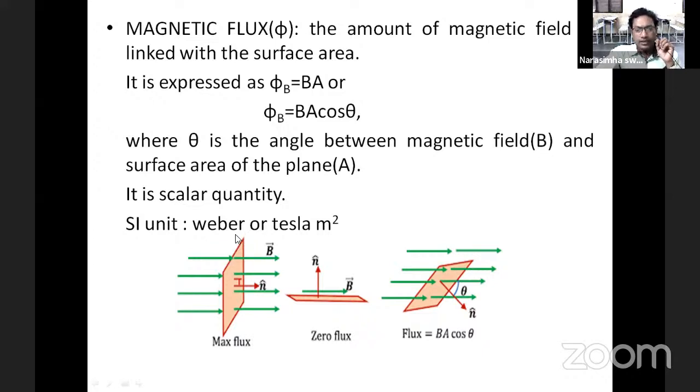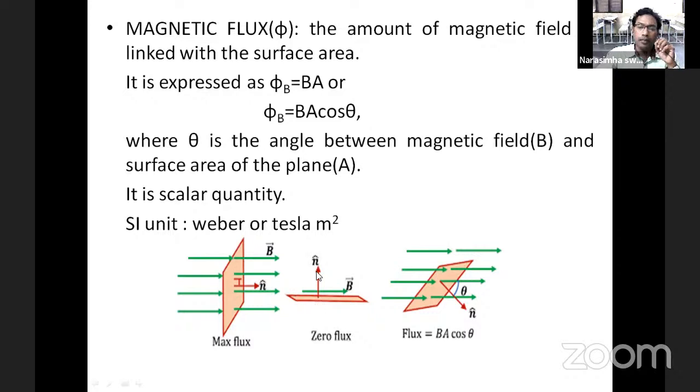Now if you see the next diagram, there is a variation in the amount of lines of force which are passing through the surface. See, this plane is now parallel to the magnetic field direction, and the surface is perpendicular to the plane.